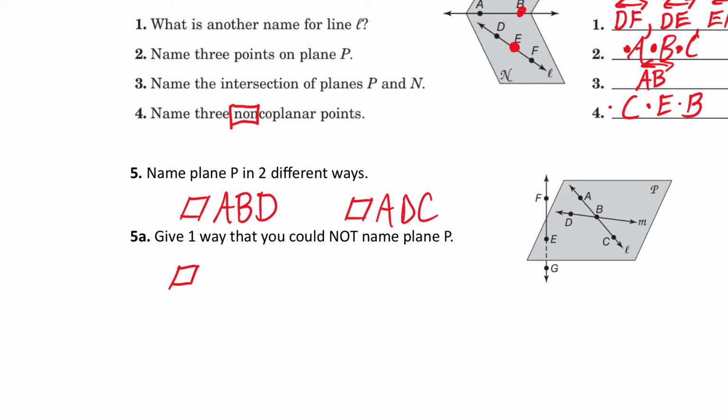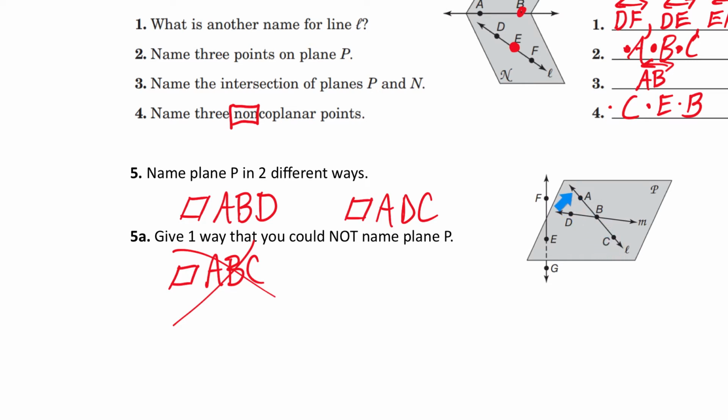Let me go for the one that most people mess up on. You could not name this plane ABC. The reason you cannot call this plane ABC is, look, ABC is just a line.